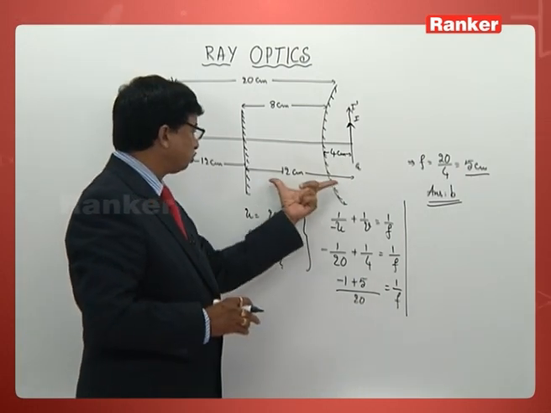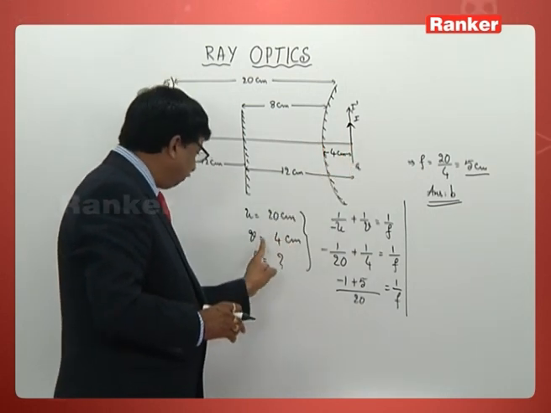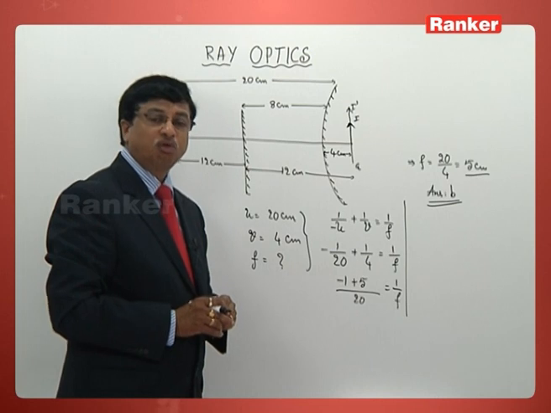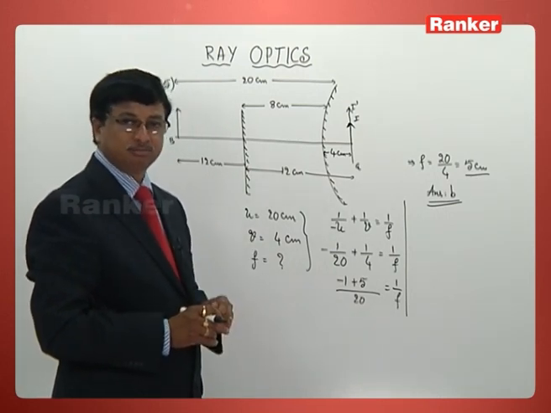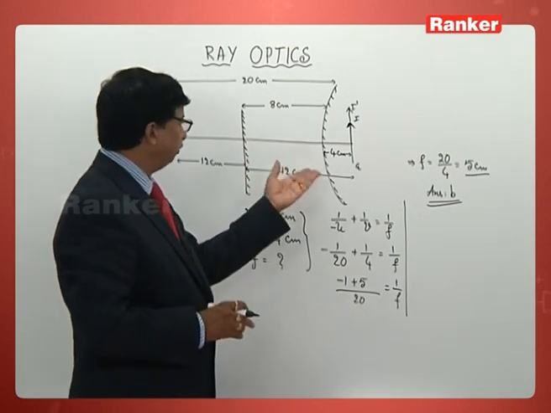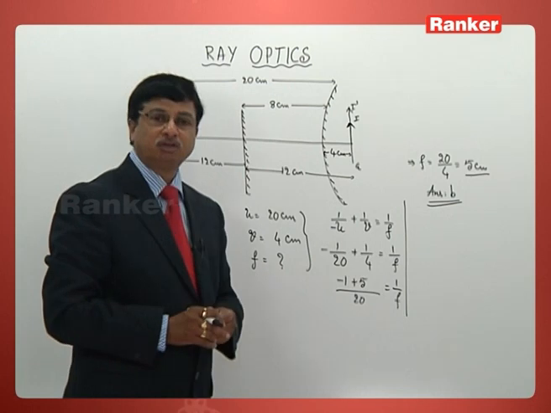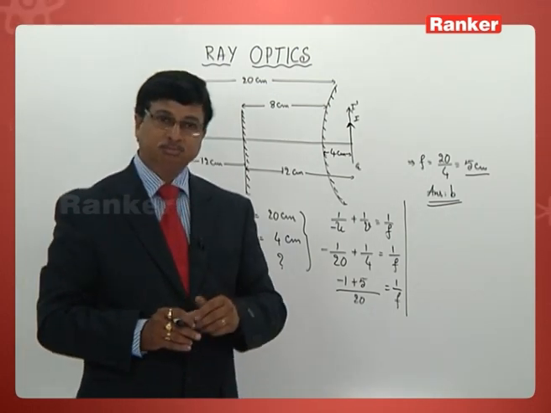Then this becomes 12, out of that this distance becomes 4, and that itself will be the image distance with respect to the convex mirror. So this is the method one has to follow to get the focal length of the given convex mirror as 5 centimeter in this problem.